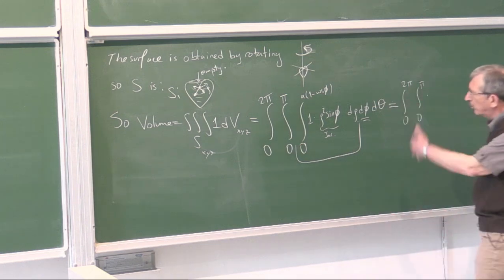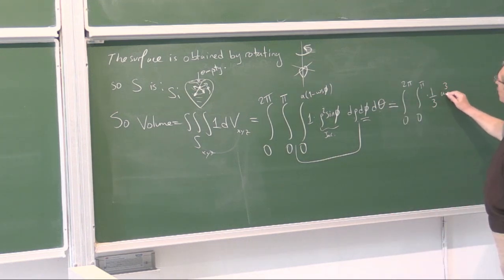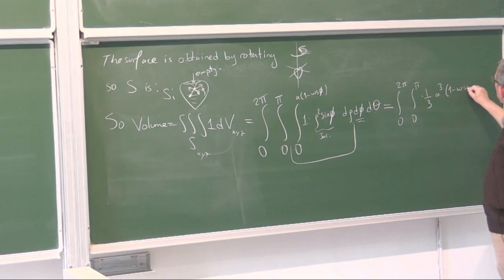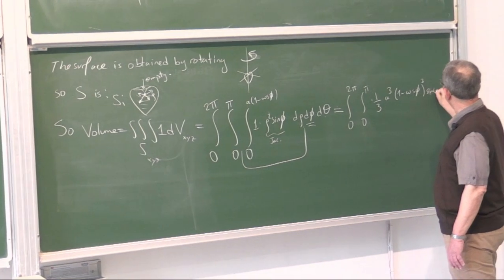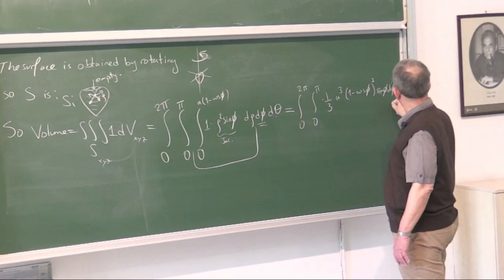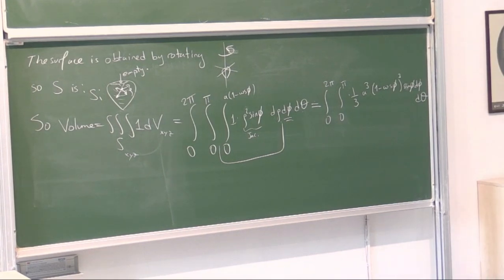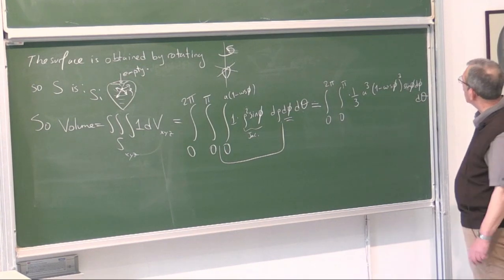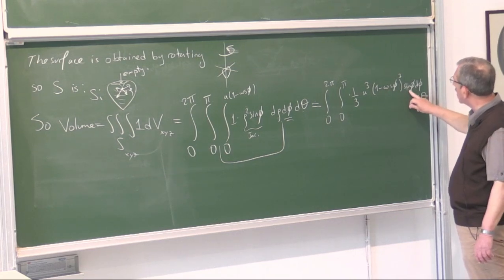That should be rho cubed over 3. So 1/3 a cubed, (1 - cosine phi) cubed, sine phi, d phi, d theta. Well, that's 0. Clearly, rho cubed is 0. Now, in this cube, the derivative of cosine phi is sine phi.